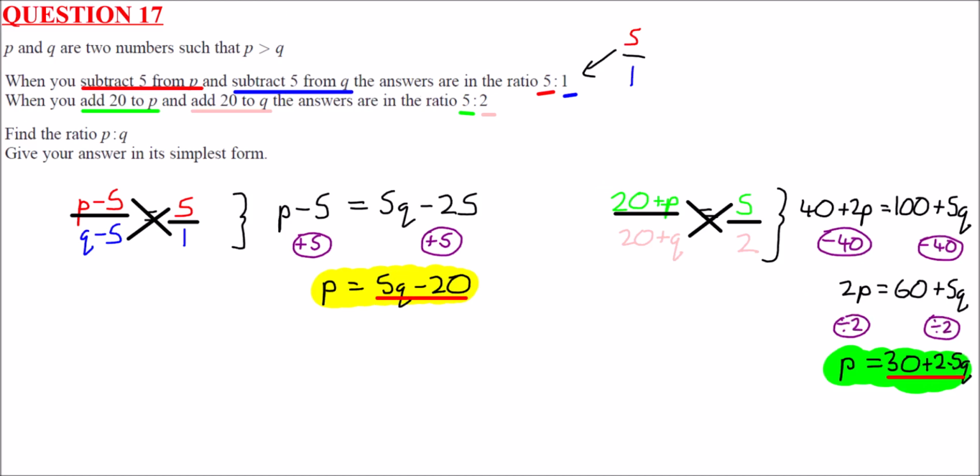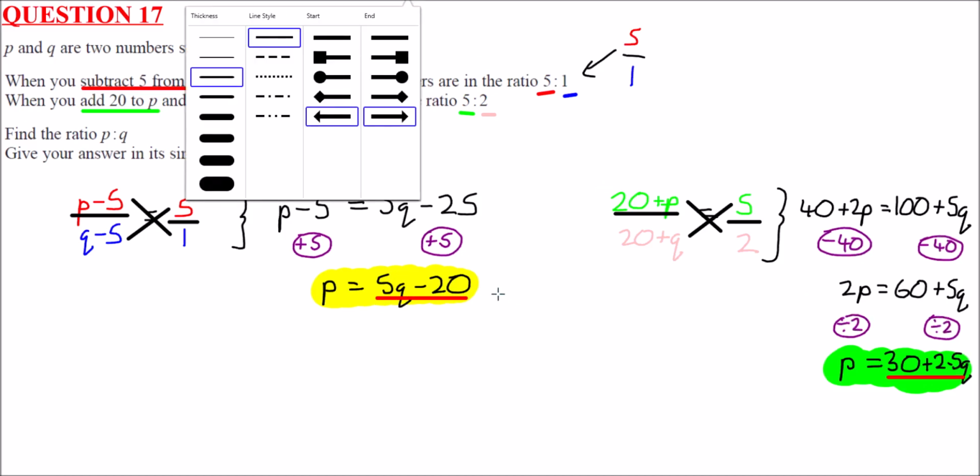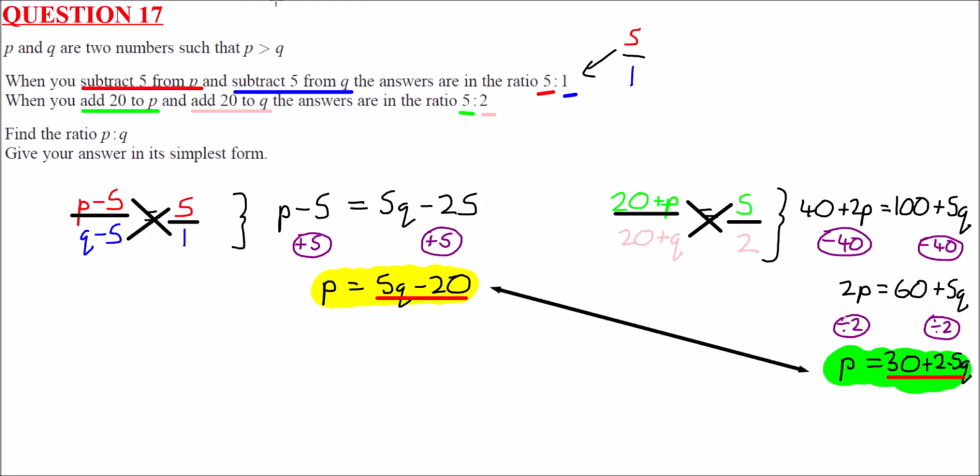So therefore 5Q minus 20 must equal 30 plus 2.5Q. We can now solve this equation, as long as we take care, and find out what Q must be.